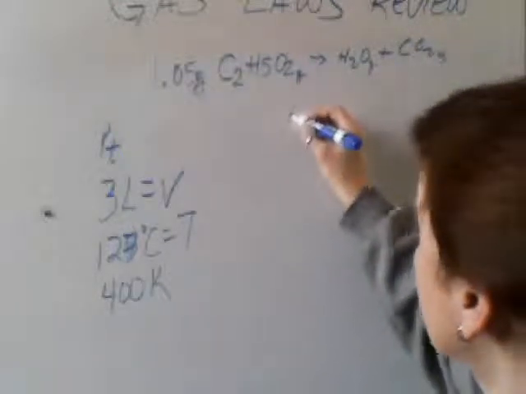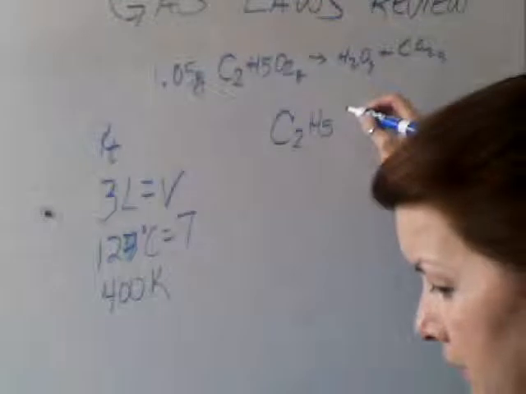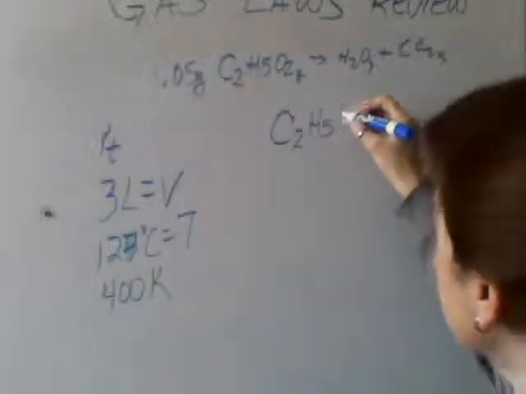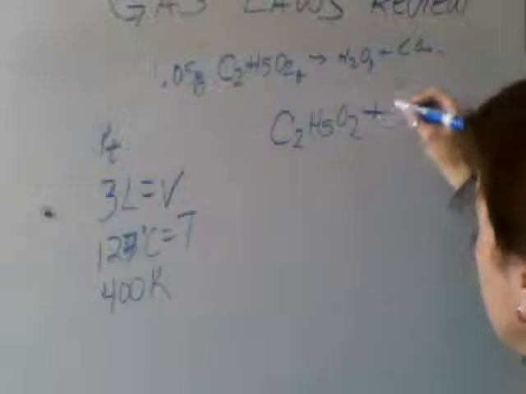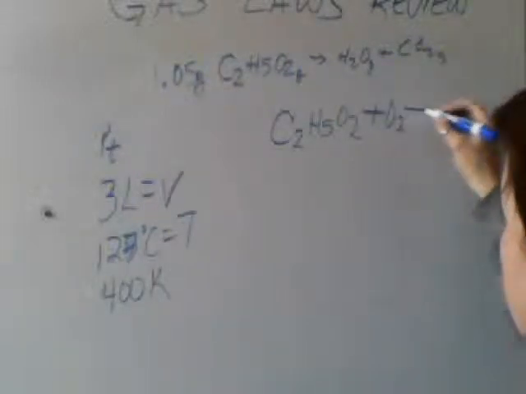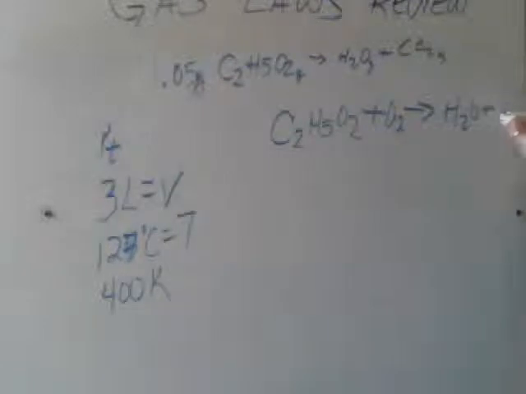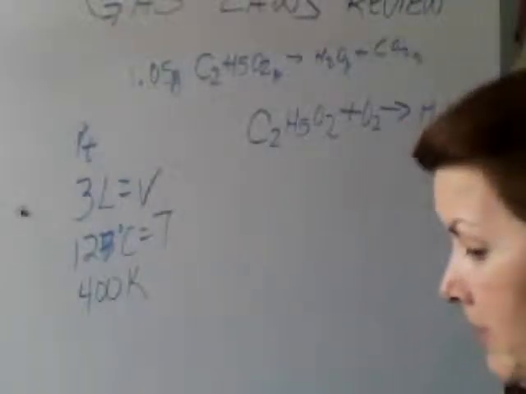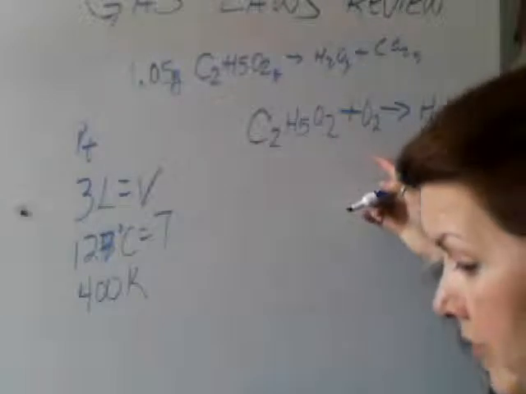So we know that if we have ethylene glycol, then we know if we have complete combustion, we're going to be adding oxygen to it, and we get water and CO2. Of course, that's probably not balanced. So once we go through, we balance all our things.